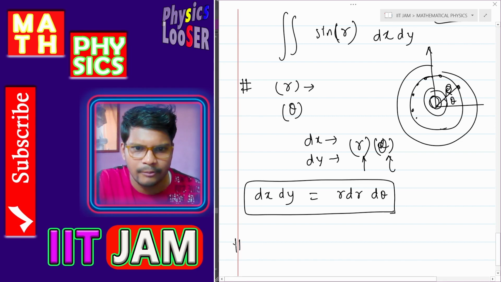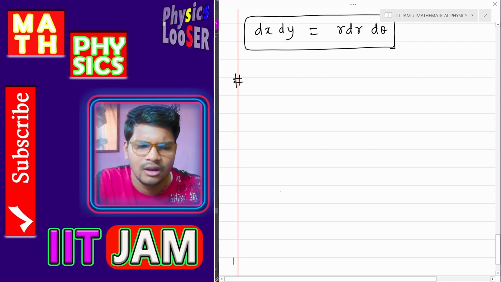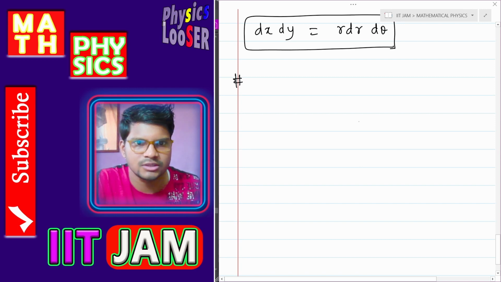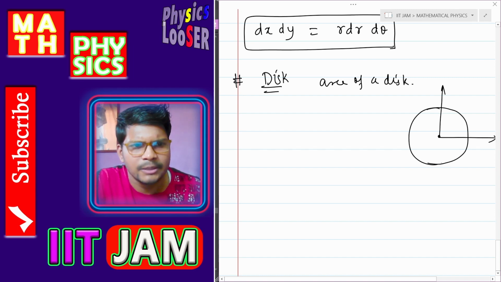Before I jump to the particular thing, like how we can write the double integration, let me give you an analogy. Suppose I have a disk and I want to find the area of this particular disk. How will I do it? Again, a disk is a circle, but in the disk you have some material from the center to all these lines.